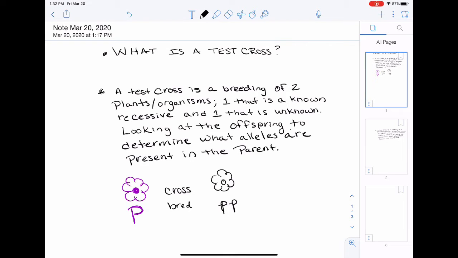So he knows he has two recessive genes for his purebred white flower. The white flower is purebred recessive, and we call that homozygous recessive.